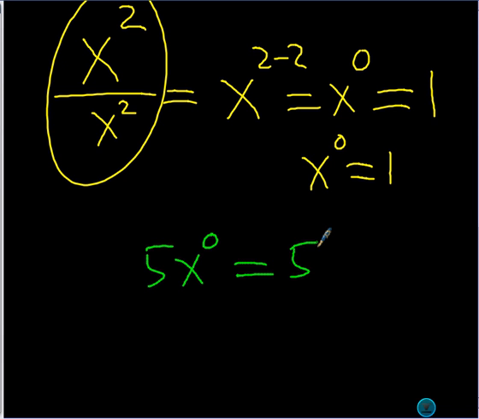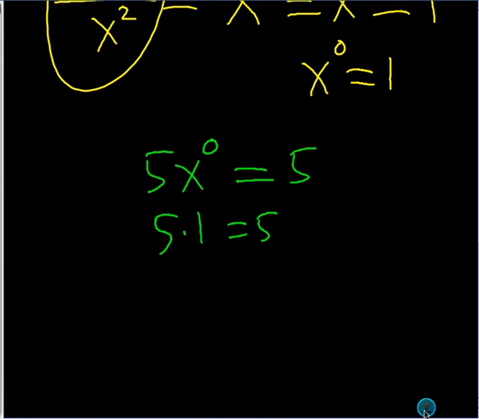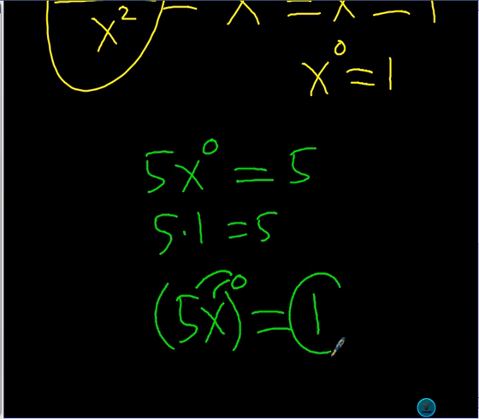Not 1, because the 0 applies to the x, the 0 doesn't apply to the 5. So it's 5 times 1, which is 5, which would be very different than 5x, all to the 0. Now the 0 does apply to the 5 and the x, and so I would get just the 1.